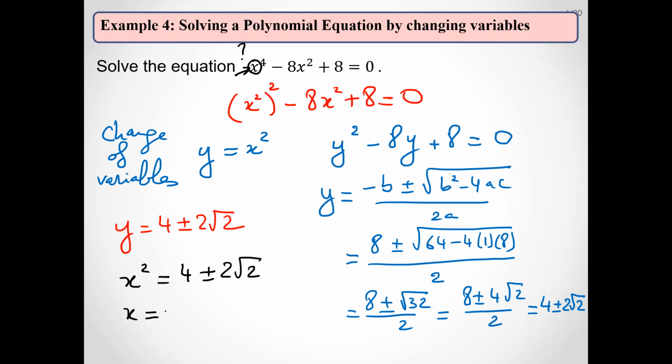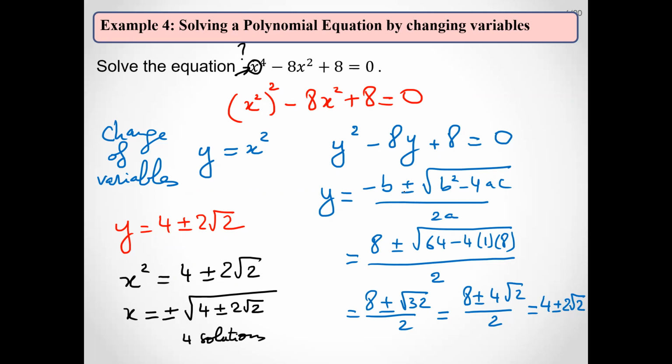So x is plus or minus the root of 4 plus or minus 2 root 2. And we have 4 solutions here. All combinations: plus and plus, plus and minus, minus and plus, minus and minus. That gives you 4 solutions of this equation using change of variable.